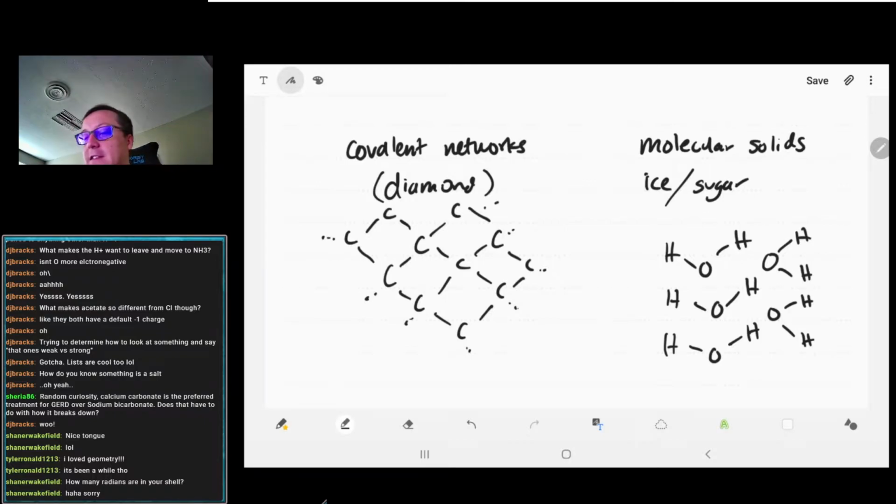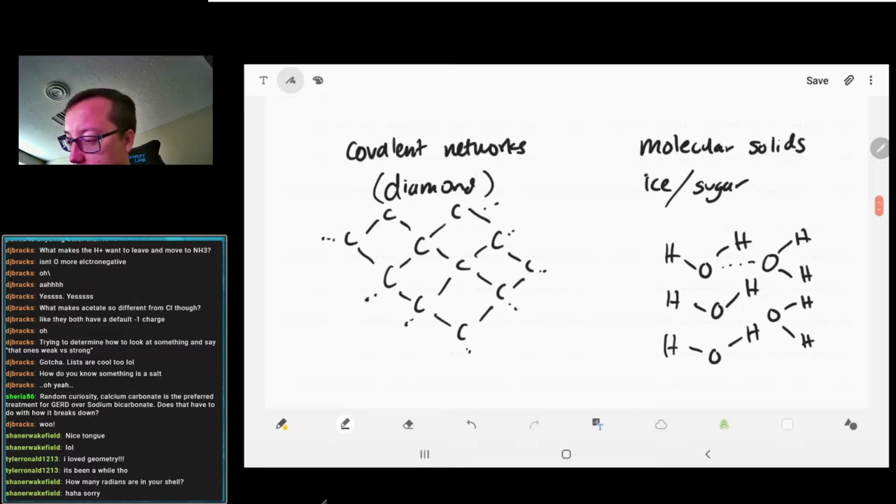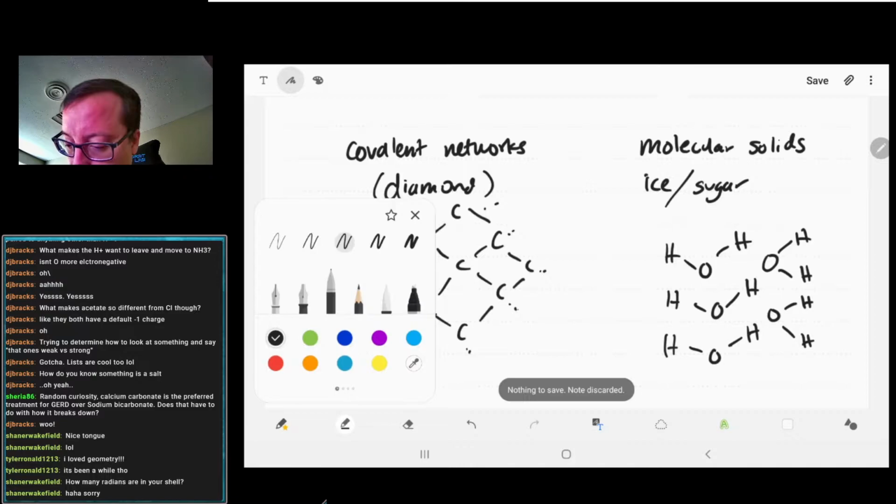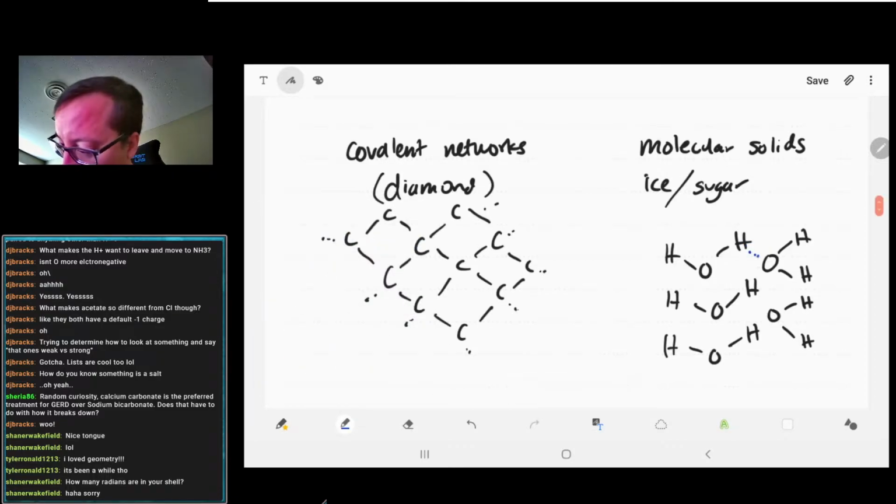And you'd have very nice organized structures in molecular solids. But these are held together with, not that. That's a bad hydrogen bond. Shame on me. So you've got hydrogen bonds here that are happening here as well.